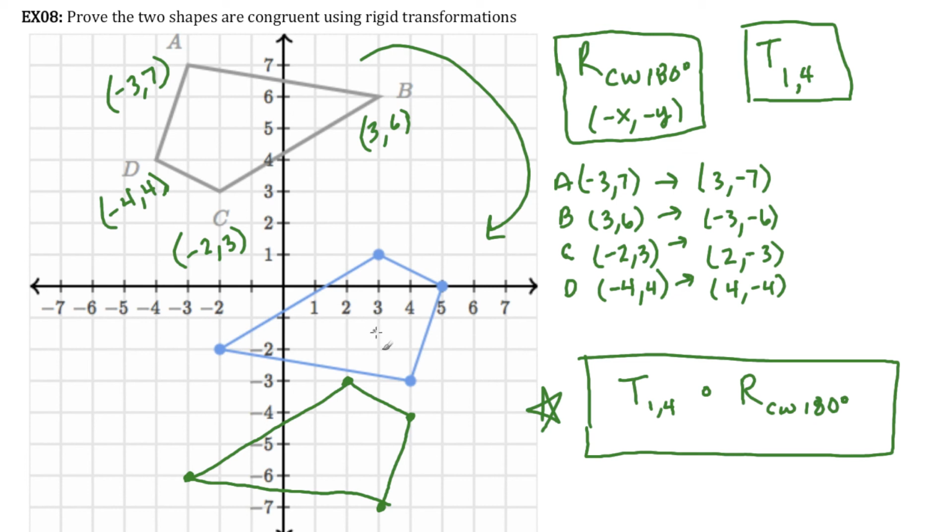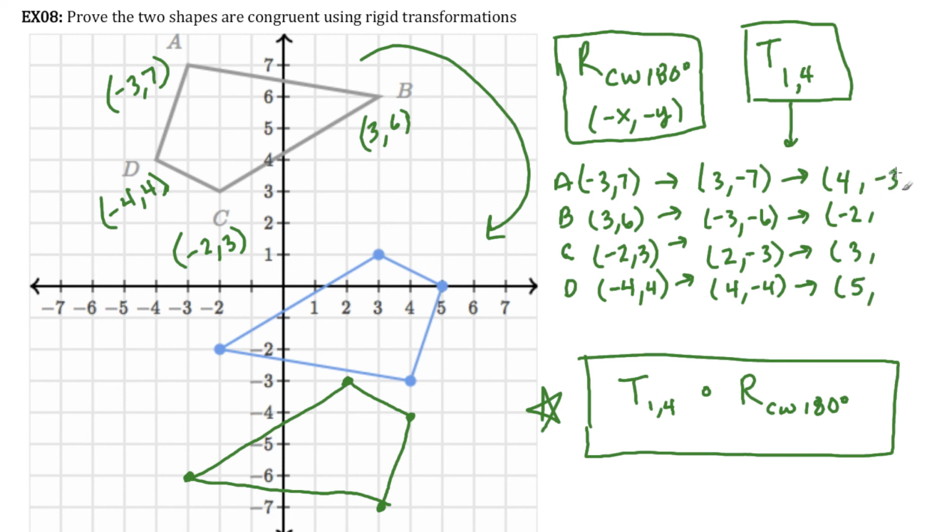I proved that this shape and this shape were congruent because I could rotate it and then translate it and create the same shape. So I proved it by moving them. If you really want to, then you could put this here, and then you could say, well, 3, so 1, that's 4, negative 2, 3, 5, and then I could add 4 to all these.